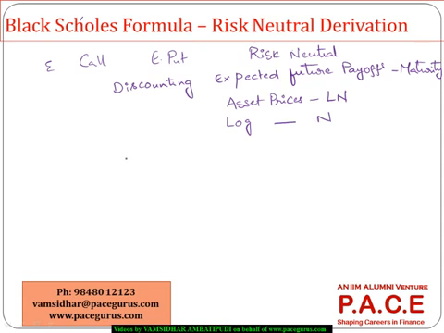So if I want to look at the value of the option, we are looking at the expected payoff at time T, and I am discounting it, e to the power of minus rT. So this will give me the value of the option based on a risk neutral valuation model.